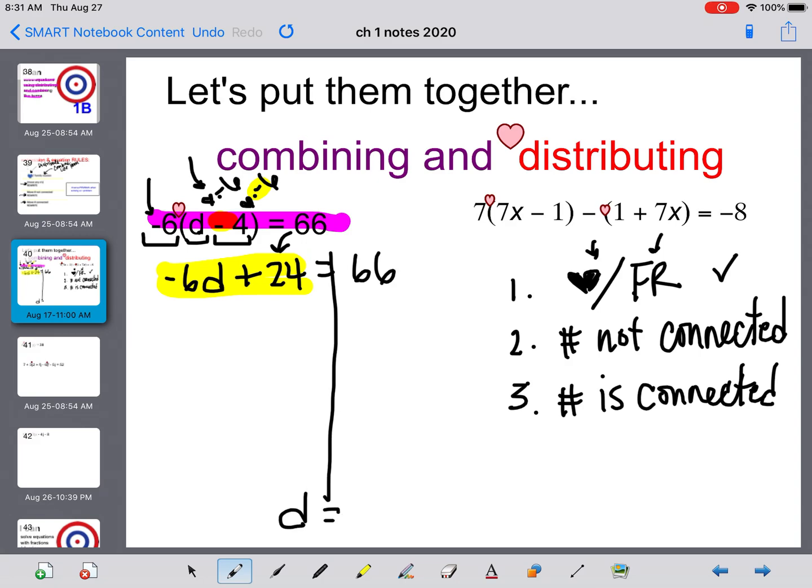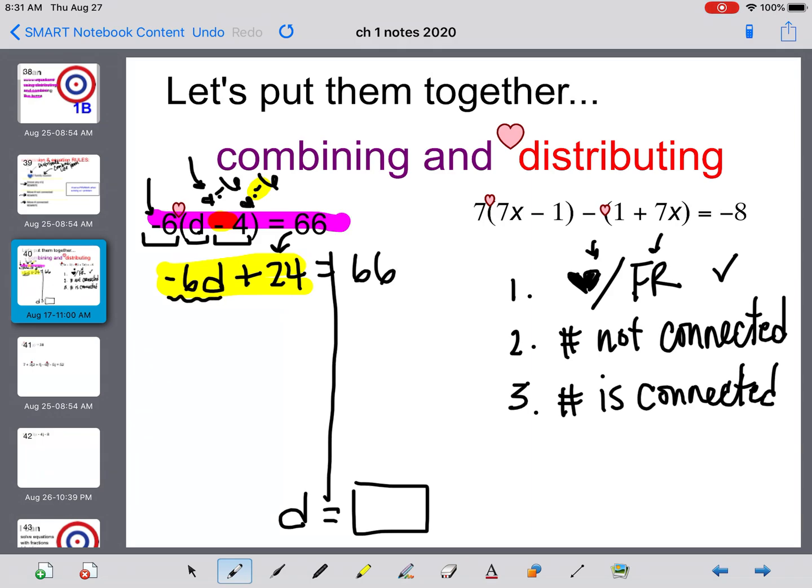When I solve an equation, my whole goal is to get that variable by itself and then come up with a number that it's equal to. And so I have to get rid of, kind of like saying, the weight that is attached to it. And right now I have added 24 to my variable over here.